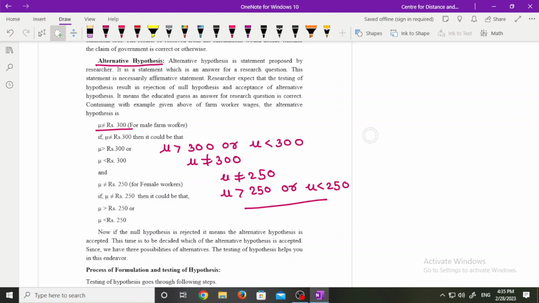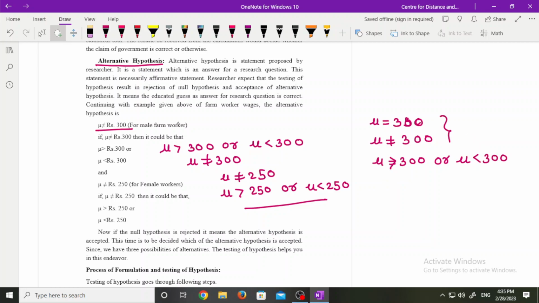For null hypothesis, there is an exact value, that is mu is equal to 300. Then for alternative hypothesis, we consider that mu is not equal to 300, so either mu is greater than 300 or mu is less than 300.